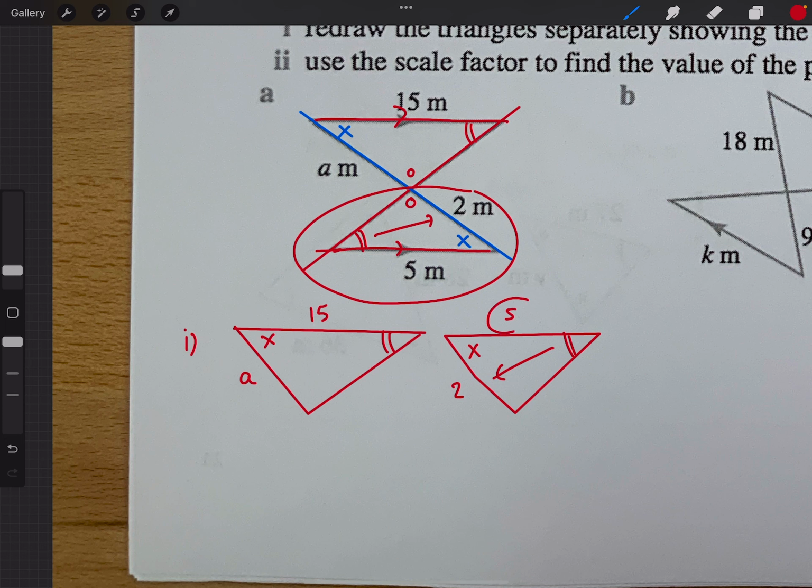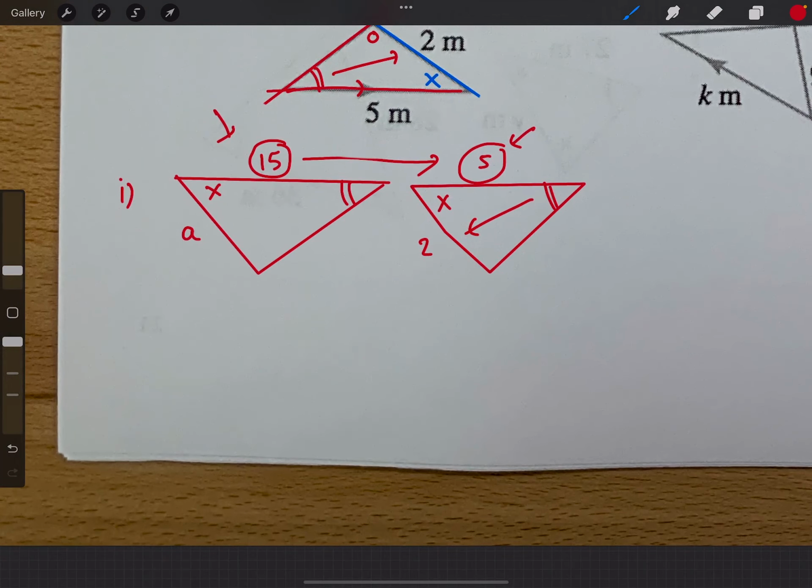Okay, the scale factor. So let's look at how much one of the triangles has been enlarged by the scale. As you can see, one of the units is 5 and the other unit is 15. By the way, because we've redrawn the triangles to look exactly the same, they're similar after all, and we've drawn them in the same order.